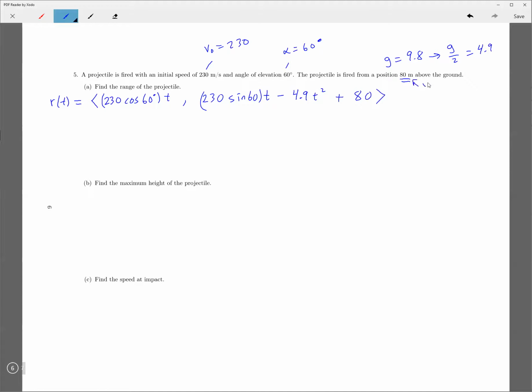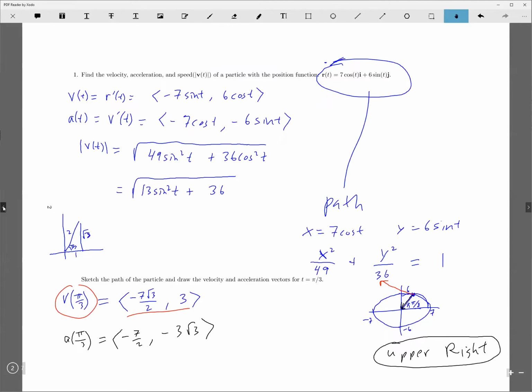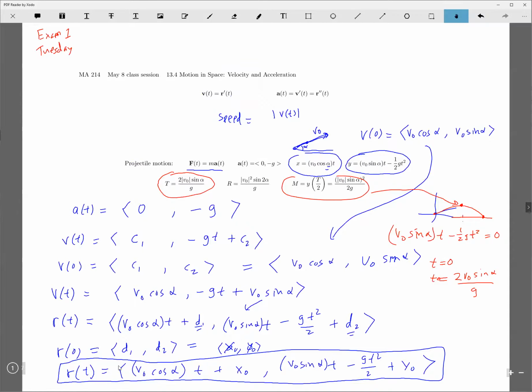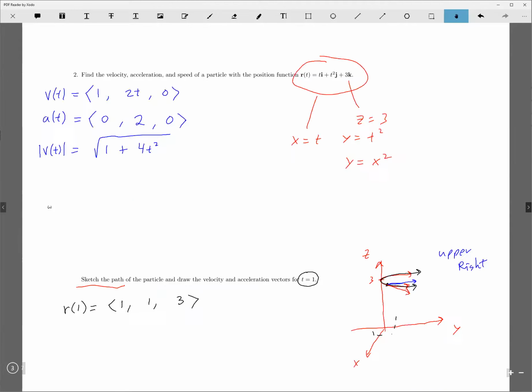So y0 is 80, and x0 is 0. So this right here, R of t, is just plugging into this bottom formula there. This is a formula for the position vector.